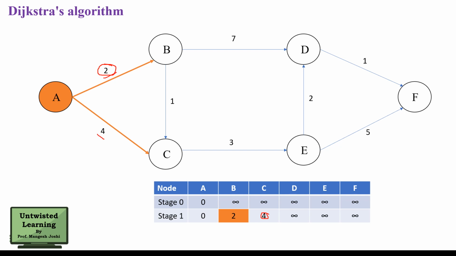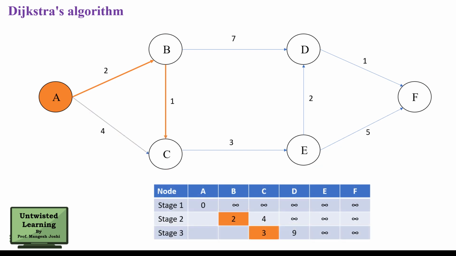So we have updated B to 2, right? So instead of infinity now it is 2. Here instead of infinity now it is 4, but the remaining are all infinities, right?